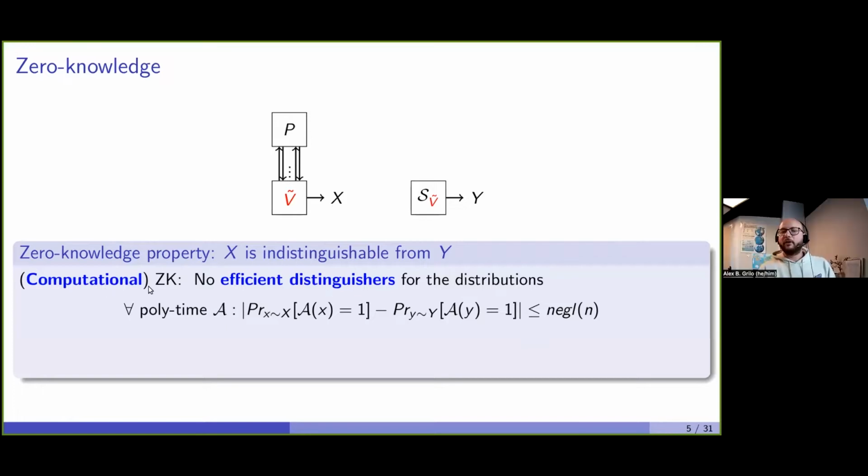But okay, here we have computational zero knowledge, but for cryptographic assumptions, we need a bit stronger requirements, and we want this to be true even if the verifier receives some side information.